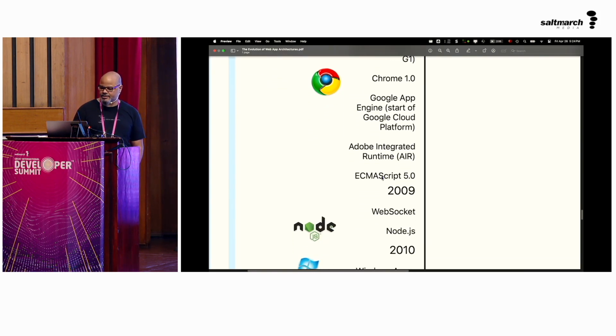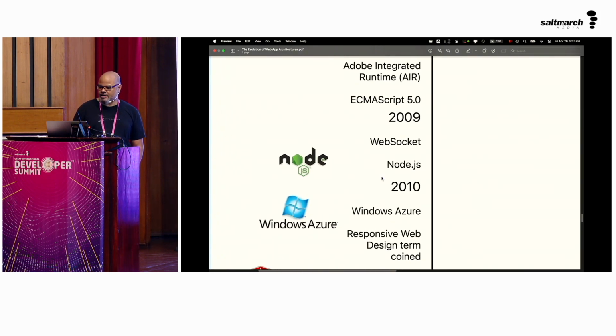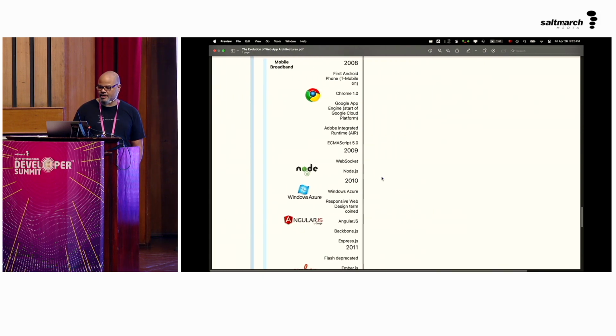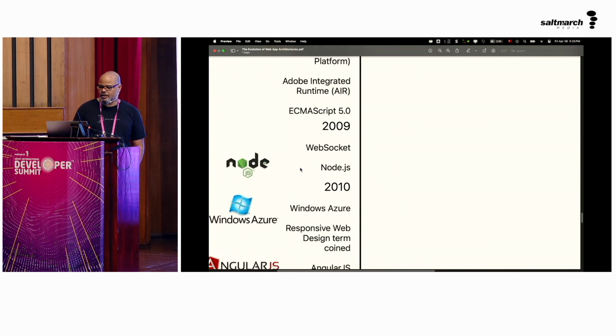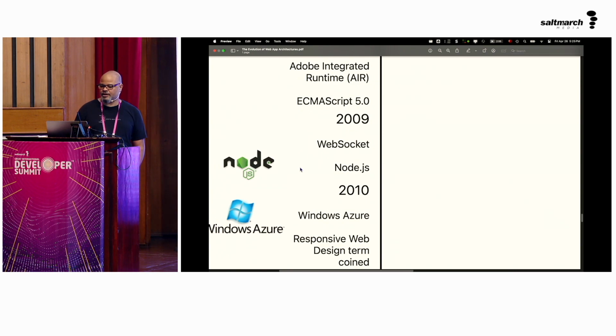So this was 2008. And then 2009, we get Node, we get WebSocket, so now we have the ability, number one, to write JavaScript on the server, because before you really couldn't do that. And number two, with WebSocket, you have the ability to do push from the server, right?